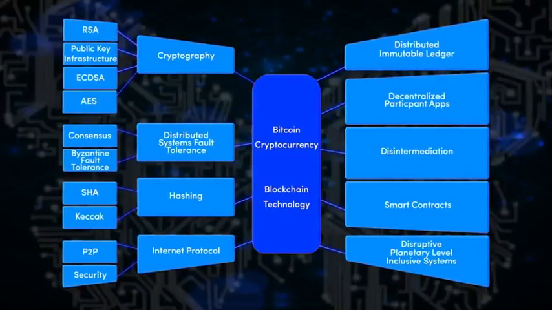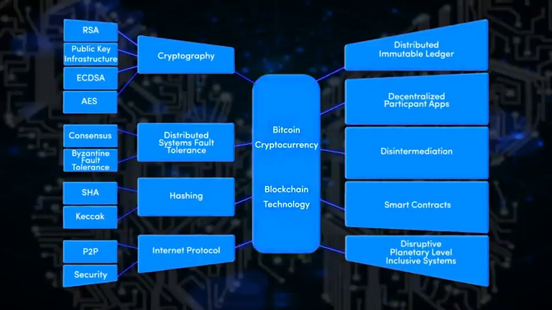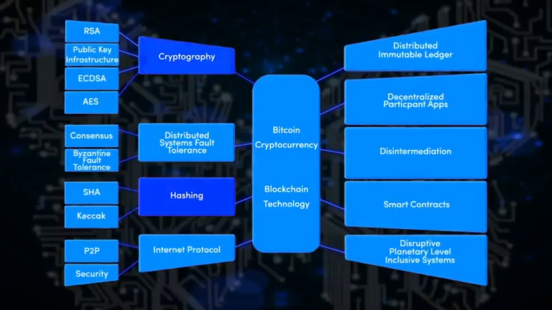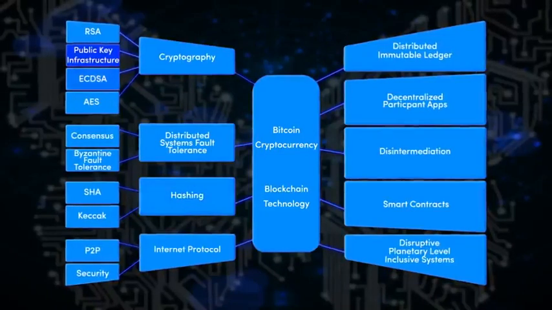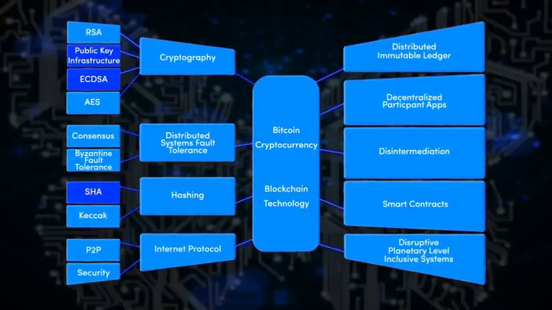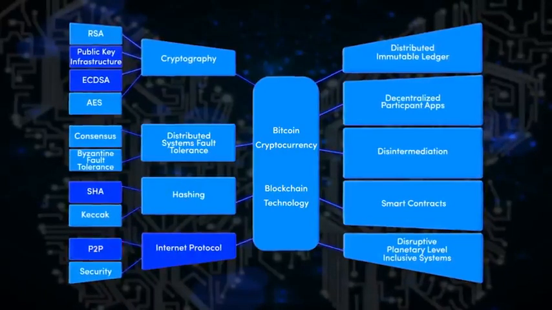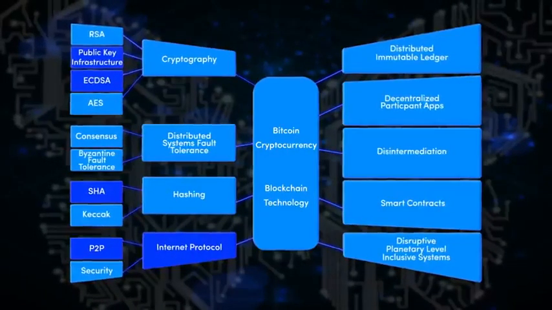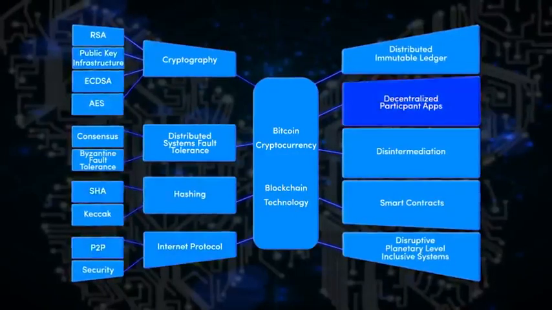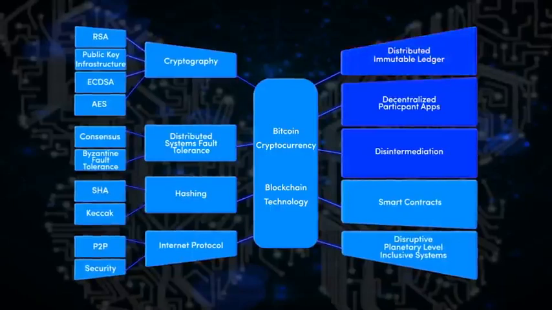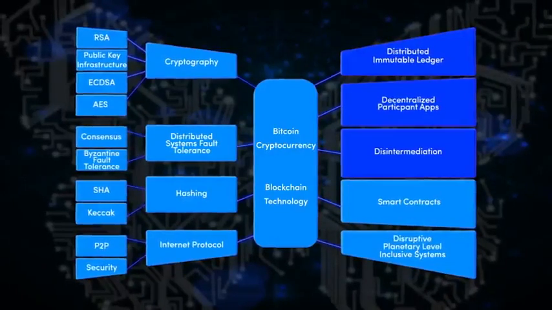Blockchain innovation of the Bitcoin draws from the research in cryptography and hashing such as PKI, ECDSA, SHA, and tremendous advancement in internet technology for P2P transfer. This enabled the decentralization, disintermediation, and the DLT of the blockchain.